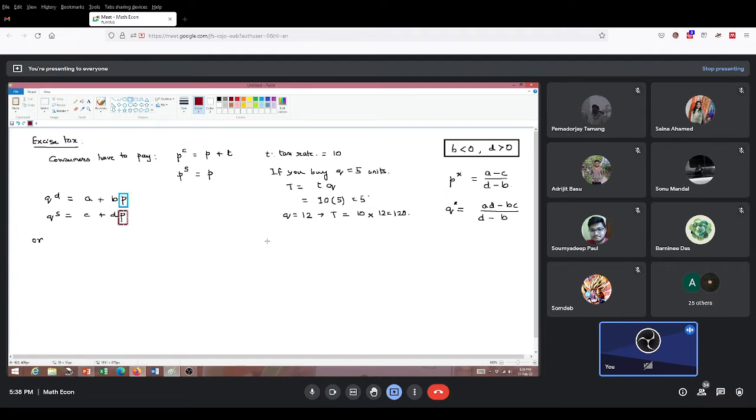Previously, both the prices were the same.